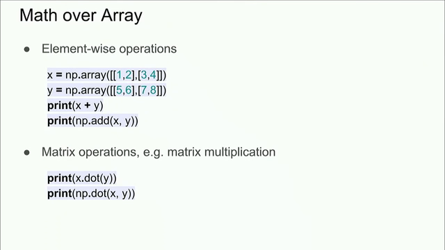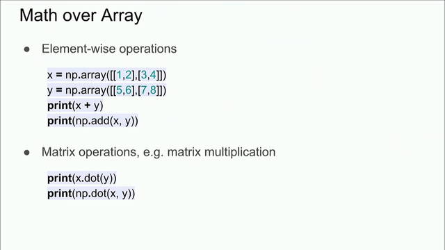So here is an example. You construct a 2 by 2 matrix X, and you also construct a 2 by 2 matrix Y. And basically, you want to add them together element-wise. So you can either do X plus Y, or you can do numpy.add, and you give the two matrices as the arguments of this function. Being different from the element-wise operation, another category is the matrix operations.